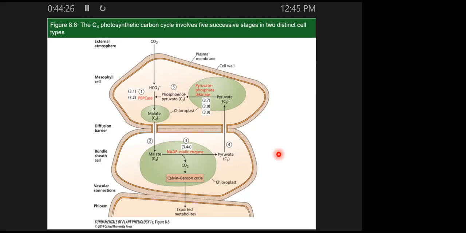If they're well watered, they'll easily be able to suppress the PCO. And if you run head-to-head experiments, C4 plants and C3 plants under drought conditions, C4 plants still win. They're still better at it than just straight ahead C3 plants. They're better at photosynthesis and growing better.